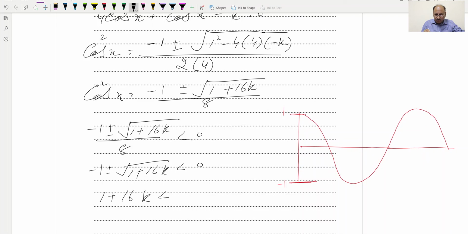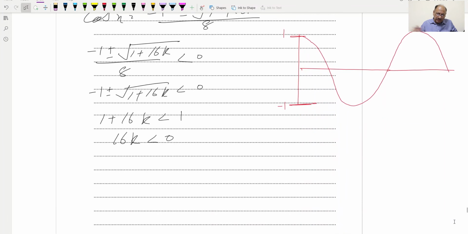We are shifting to the other side, so after taking the square, we have removed the root also. 16k is less than 0, so k is less than 0.